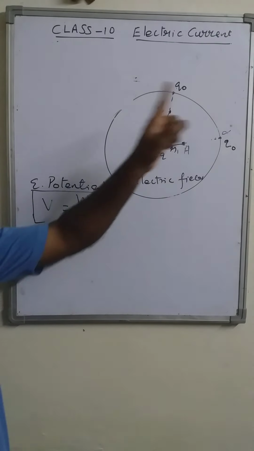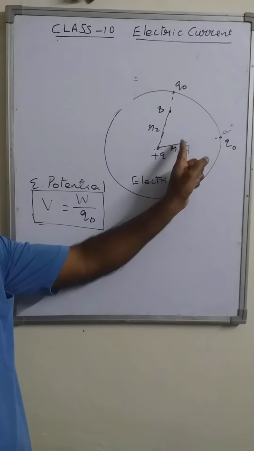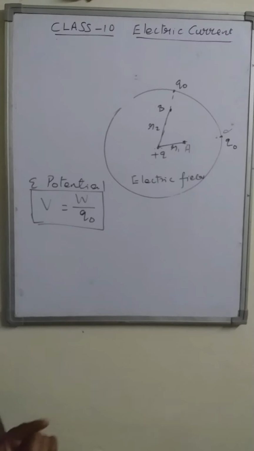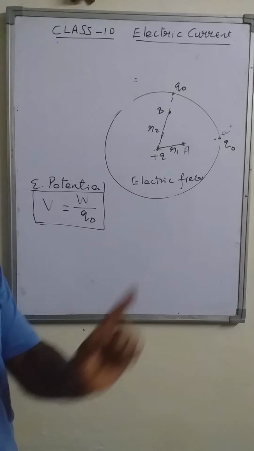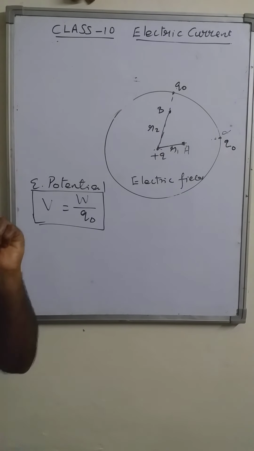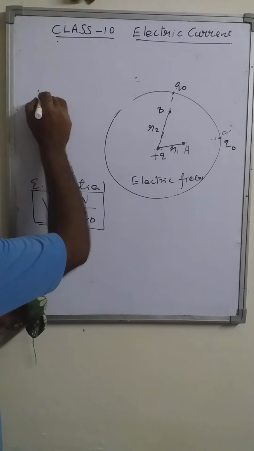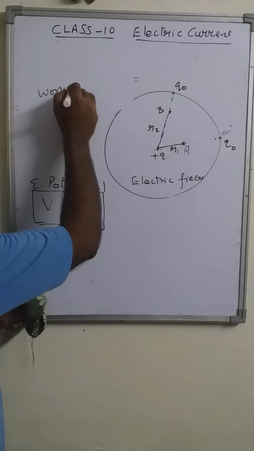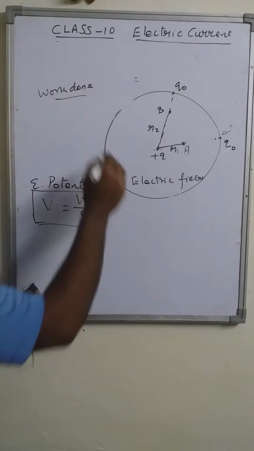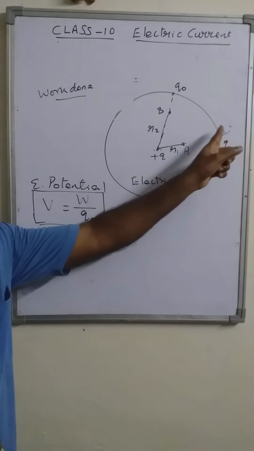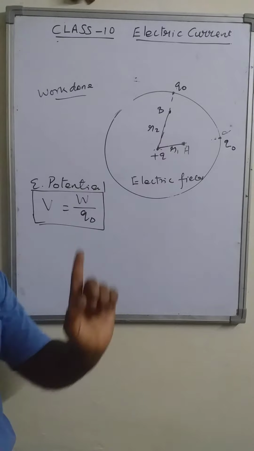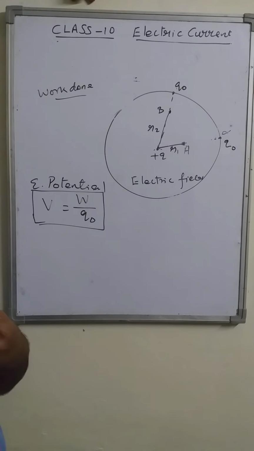In both cases, work has to be done. The unit positive charge is moved from infinity to point A, and from infinity to point B. Since the distance from this charge is different, the work done is also different. To move the charge from infinity to point A, some work is done.